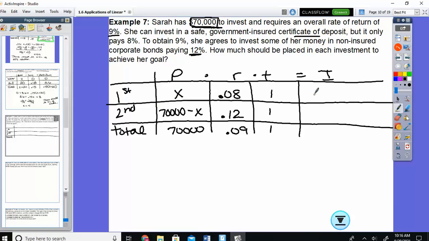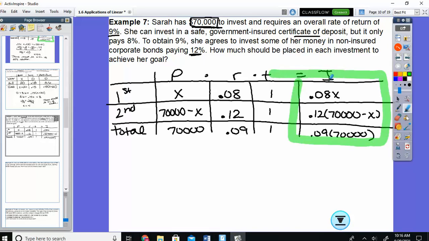So then we multiply principal times rate times time. The formula at the top was different, but the equation is going to be the same.